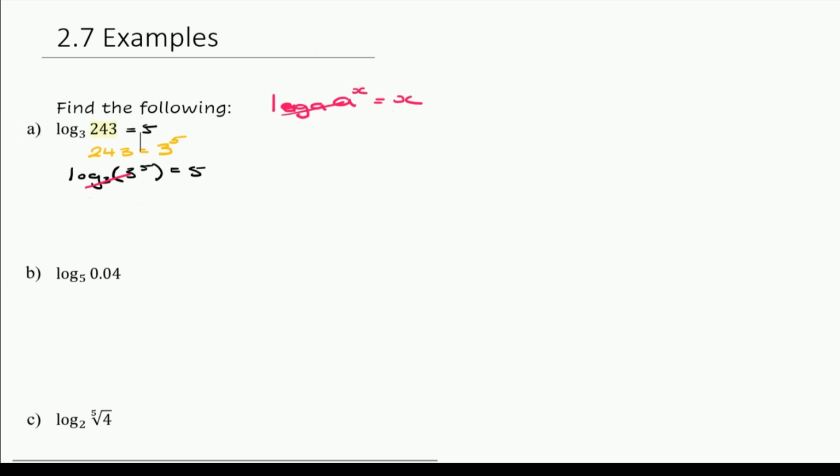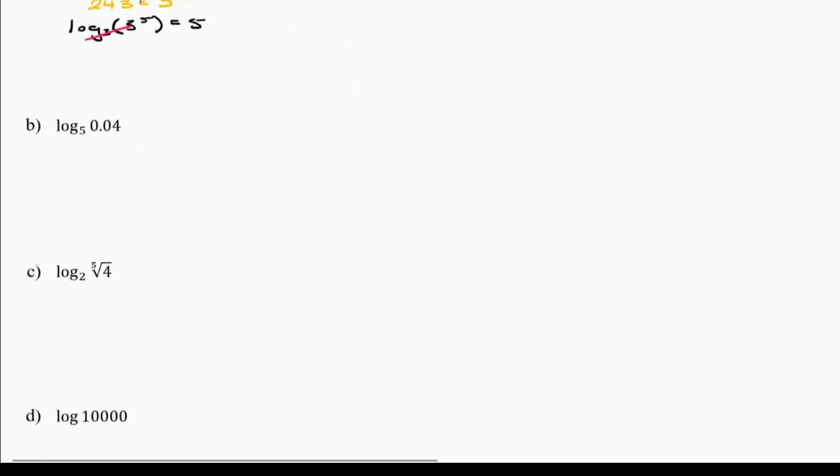We're going to be using this same rule for the rest of our examples. So having a look here, I've got log base 5 of 0.04. Again, I want to rewrite this 0.04 as something with base 5 to the power of something.